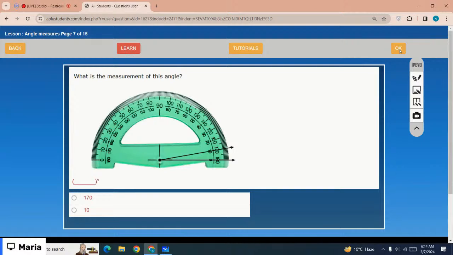Yes, the correct option is 10 degrees. Okay, you can complete the lesson by yourself later today. Let me just move on to the next lesson.